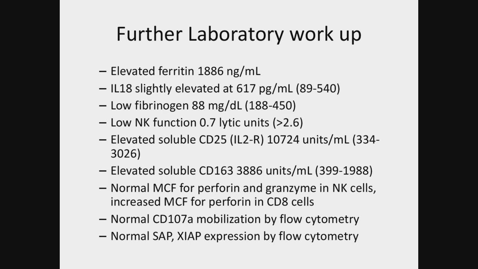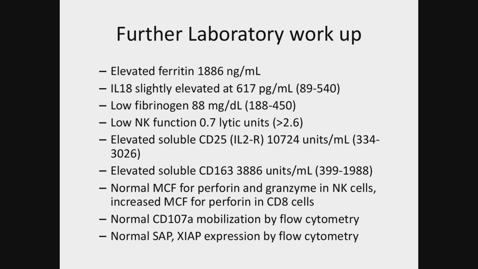Our HEMONC team was thinking along the lines of malignancy versus HLH, and so they did a pretty extensive workup that was significant for an elevated ferritin, very slightly elevated IL-18, low fibrinogen, low NK function, elevated soluble IL-2 receptor, elevated soluble CD163.